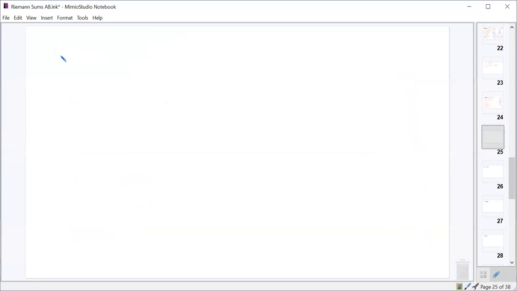Okay, so we've now got the limit as n approaches infinity of the sum from k equals 1 to n of 4 times x sub k, which was 1 plus 3k over n, times delta x, which was 3 over n.